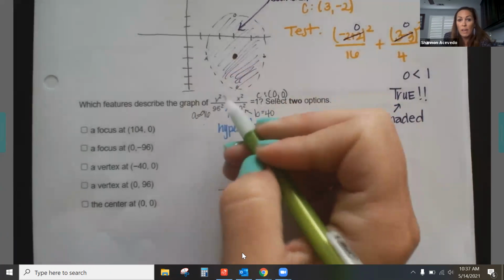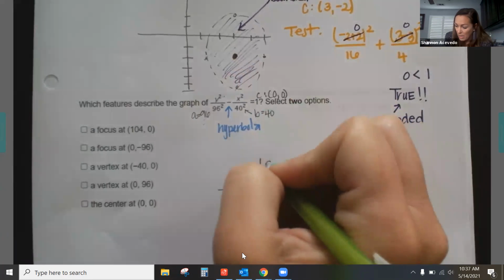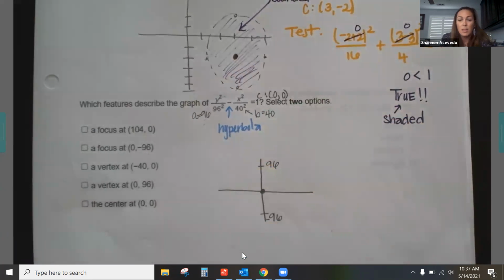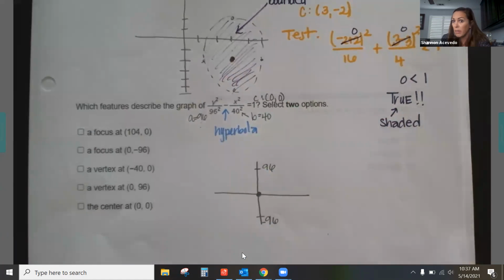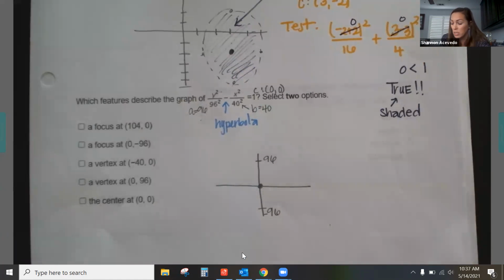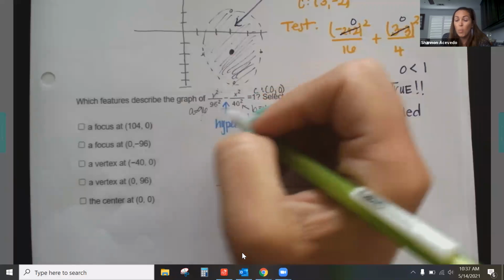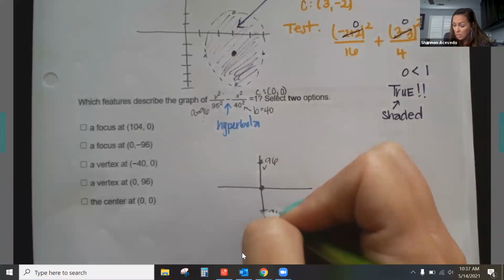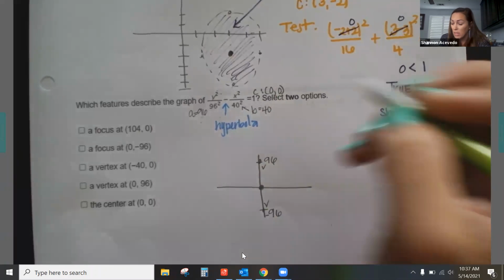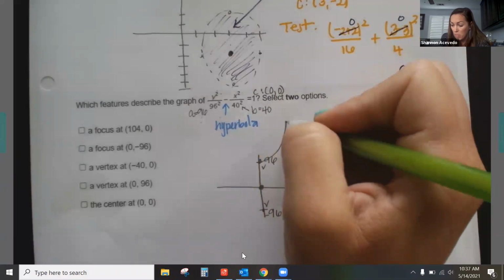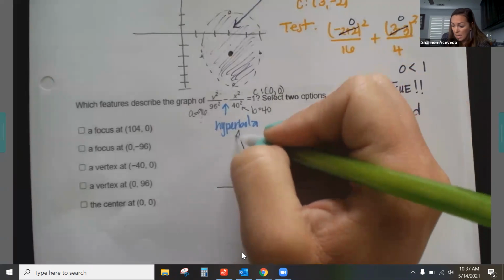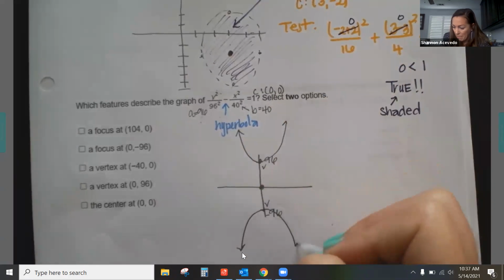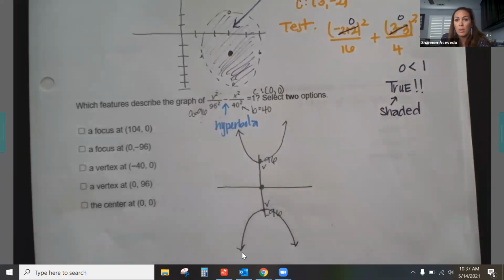My A is under my Y value, so that means I'm going to go up 96 and I'm going to go down 96. So just sketching it, I don't need to go 96 marks. Since my Y comes first, I know that this is where my vertices are going to be. So that tells me that my hyperbolas are going to be opening up and down.